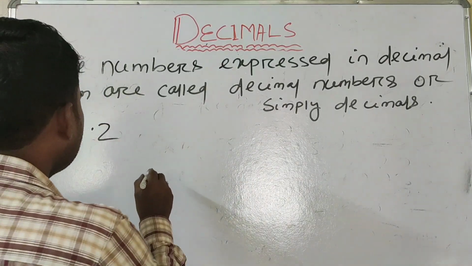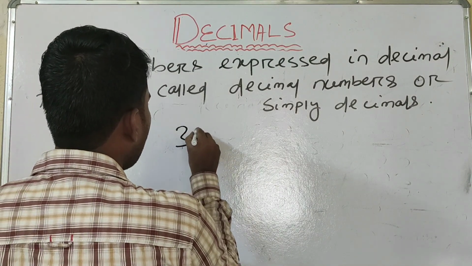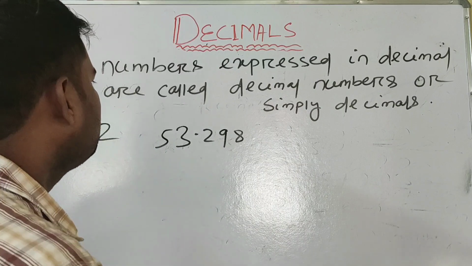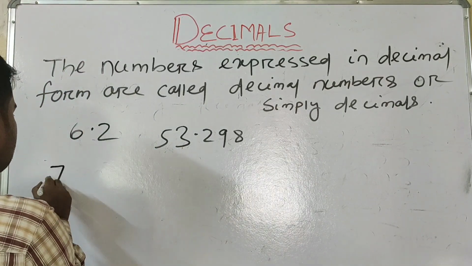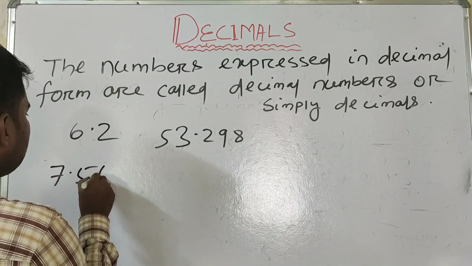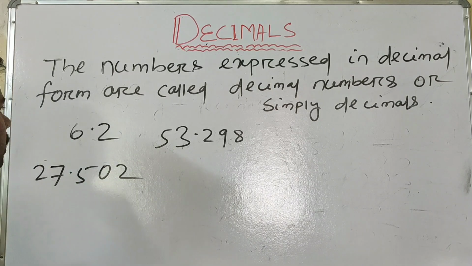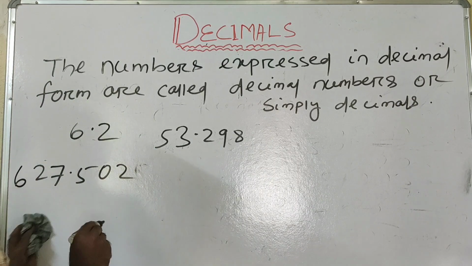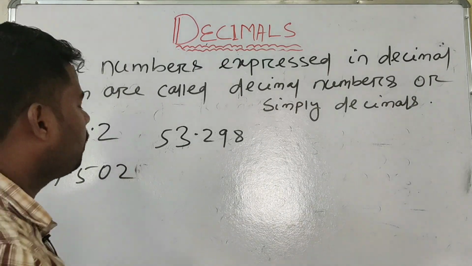6.2 is a decimal form. 3.298 is a decimal form. 7.502, also 5. All are decimal numbers.